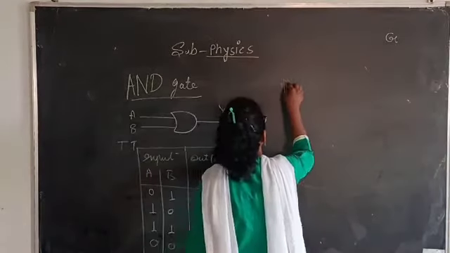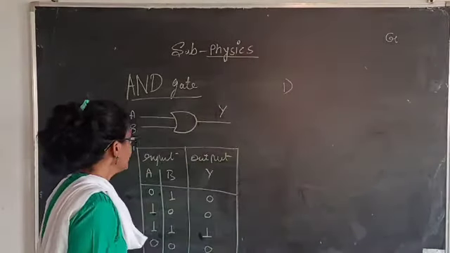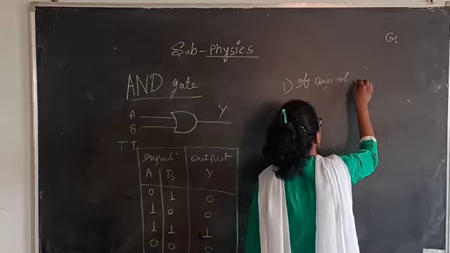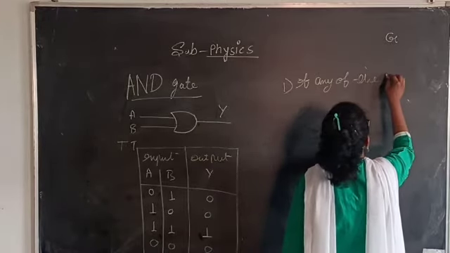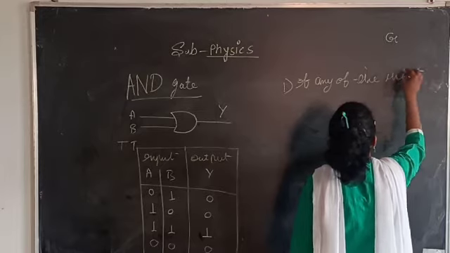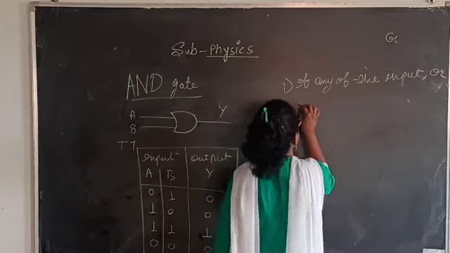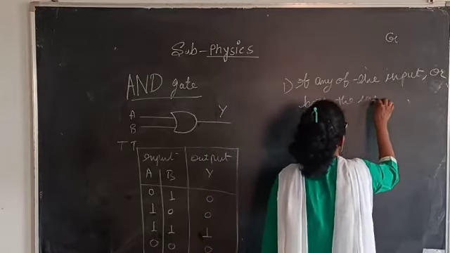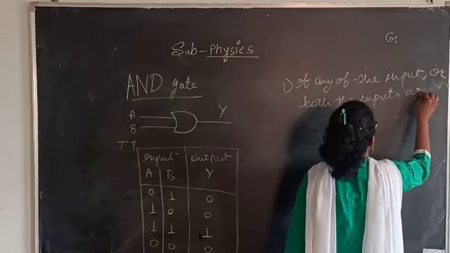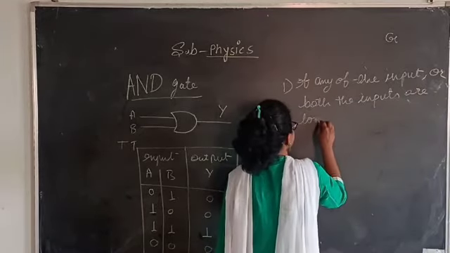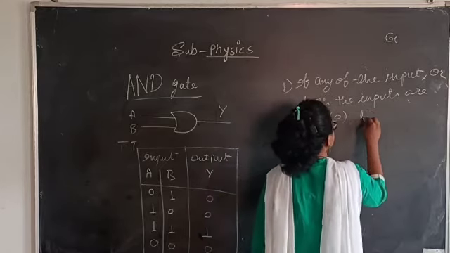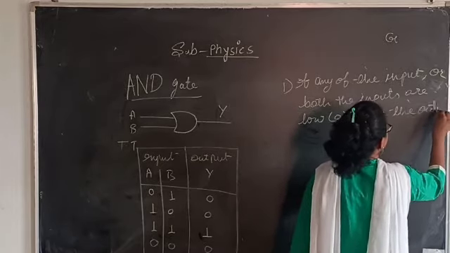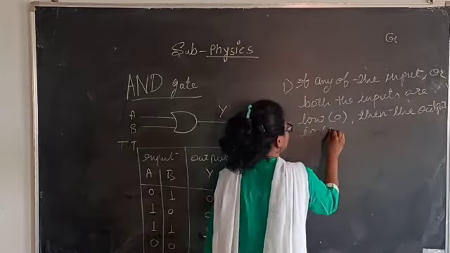So we can conclude with the first point, that is, if any of the inputs, or both the inputs, are 0 or low, then the output is low.